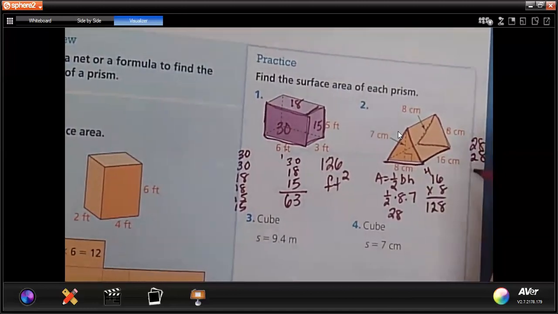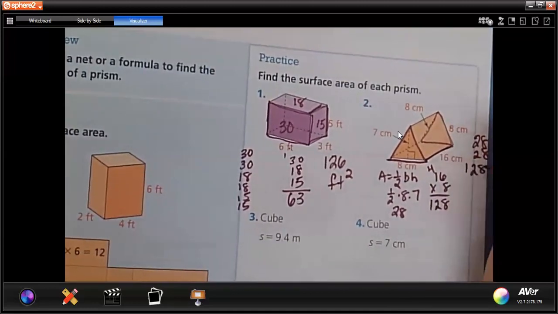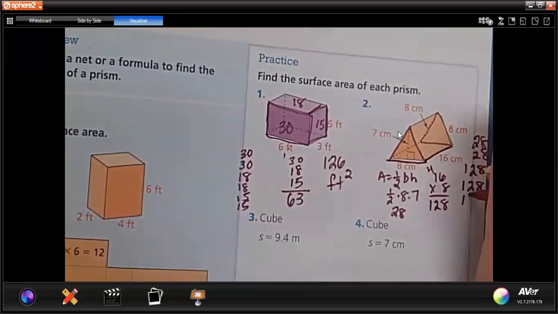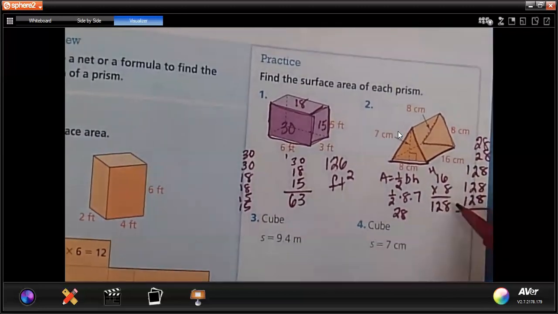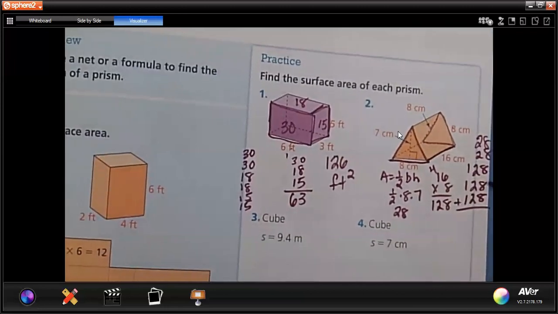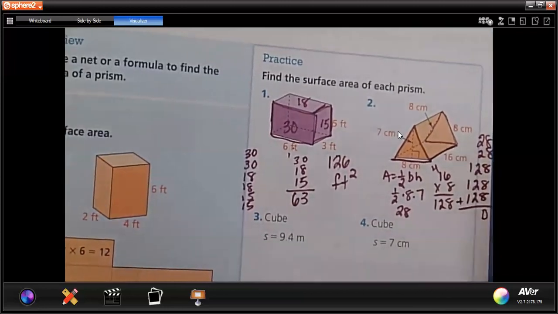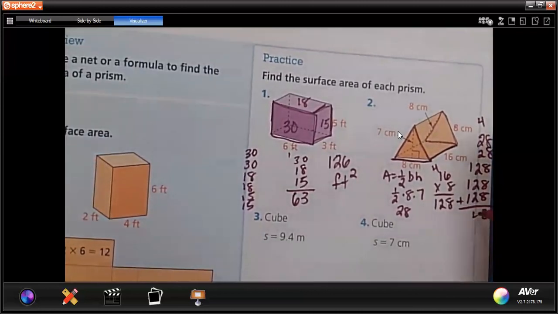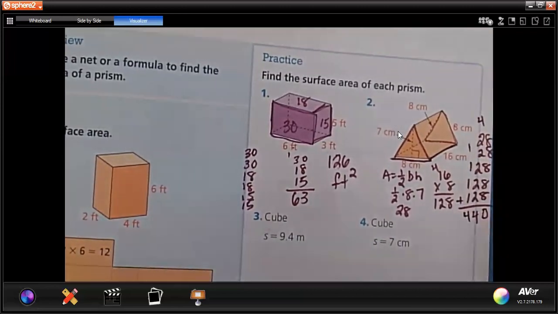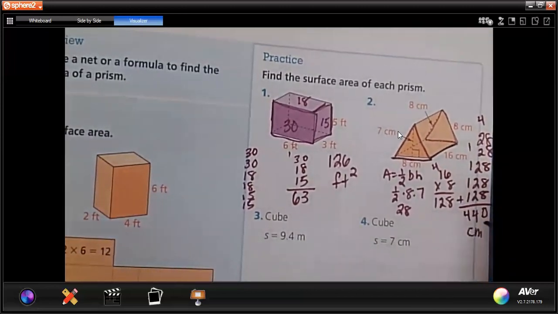So I'm going to have 3 128s. We're going to add that up. Okay, these are all 8, so that's going to be 40, 4, 5, 6, 7, 8, 9, 10, 11, 12, 13, 14, and then 4. So I've got 440, and this is going to be centimeters squared.